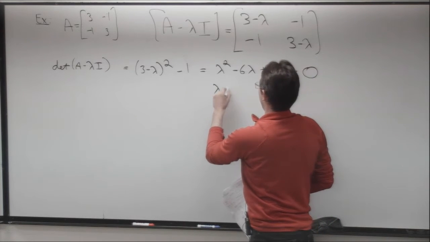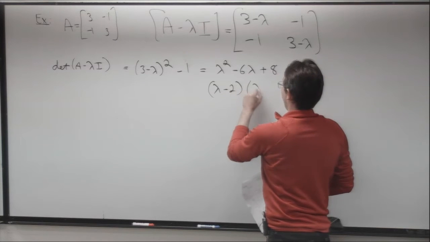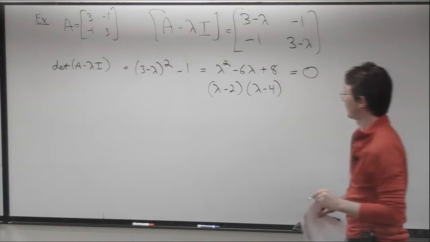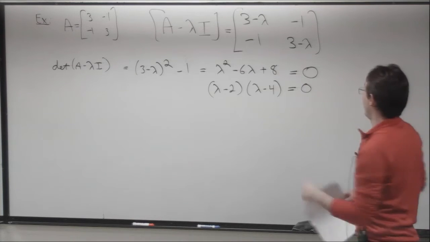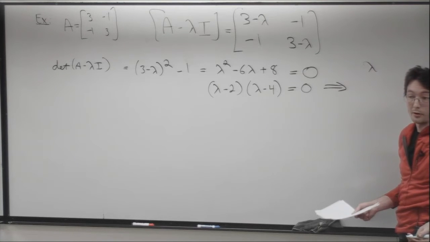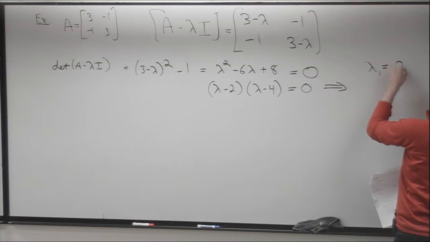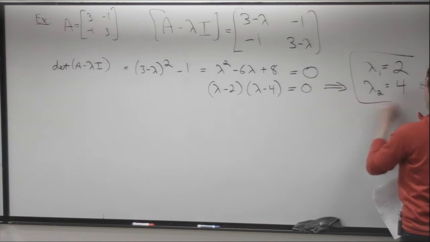We get lambda minus 2. Is that right? Lambda minus 2 times lambda minus 4. Starting to look unstable, equals 0. And so my eigenvalues are, I have two eigenvalues. It's a second order polynomial. So I have lambda 1 equals 2, and lambda 2 equals 4. Good.